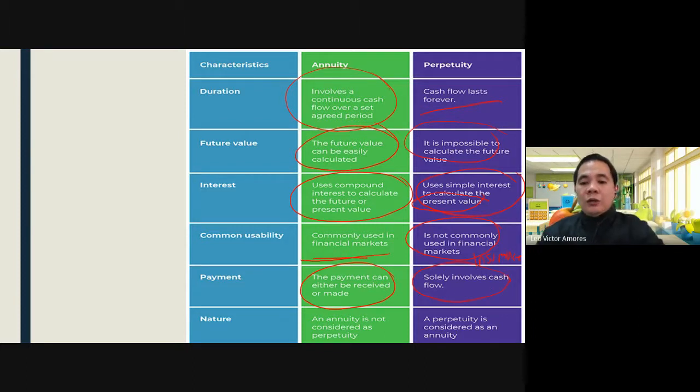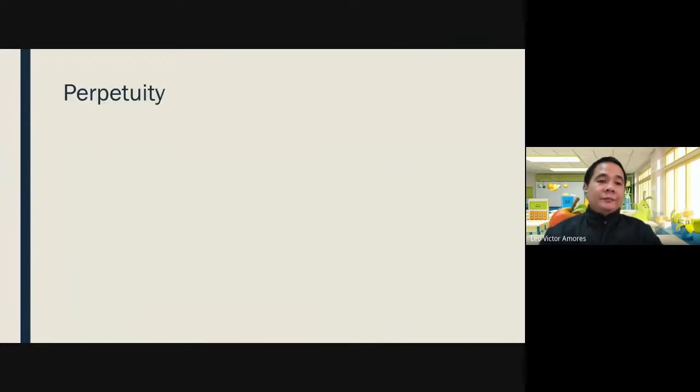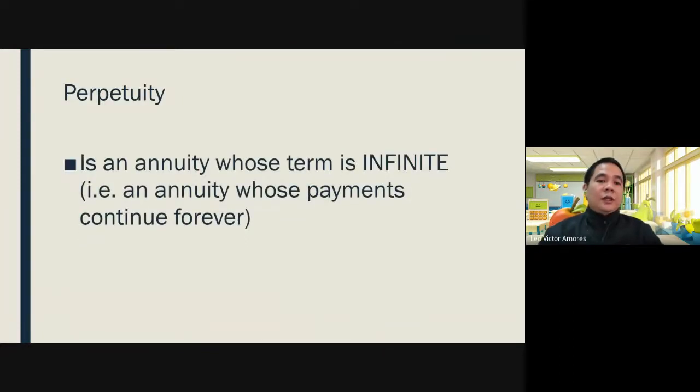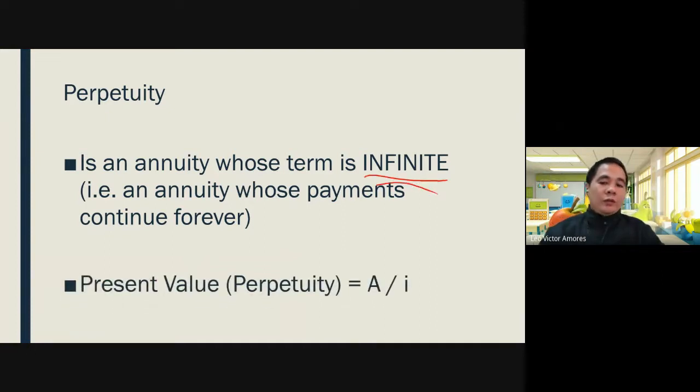By nature, an annuity is not considered a perpetuity, and a perpetuity is not considered an annuity. A perpetuity is an annuity whose term is infinite, whose payments continue forever. So the present value formula for a perpetuity is equivalent to A over i.